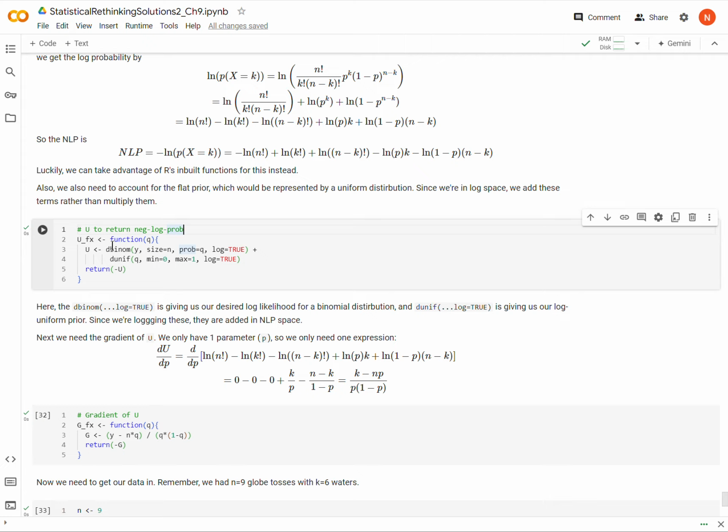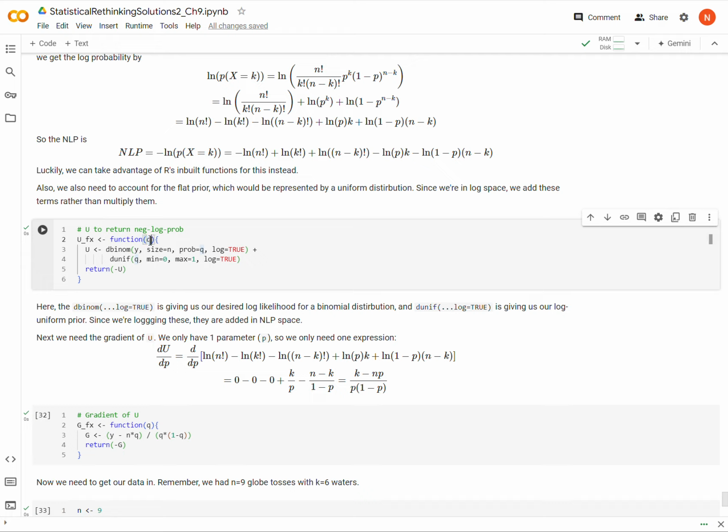So in R, notice I'm wrapping all of this into a function, so I'm going to return the negative log probability space here. I just take my dbinom, the density of the binomial distribution, and I define what I want. y is the number of, I think, water, size is the number of tosses that we had, and then the probability, the probability of water in this case.